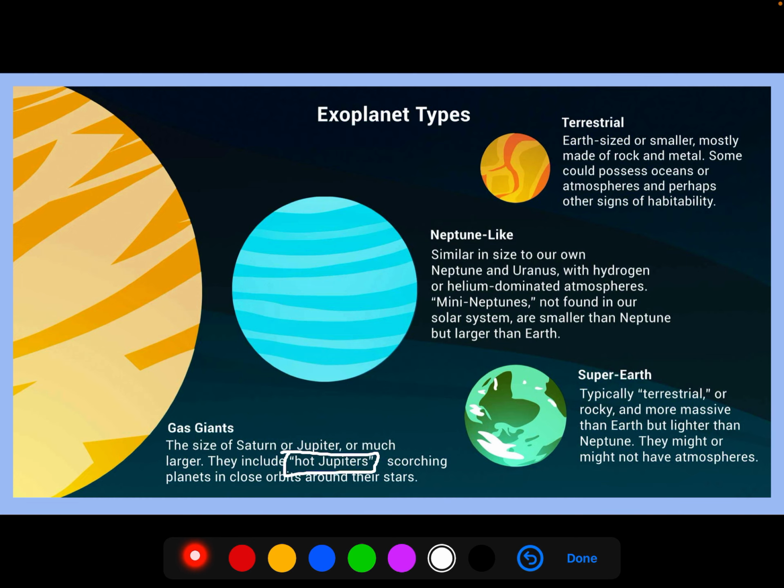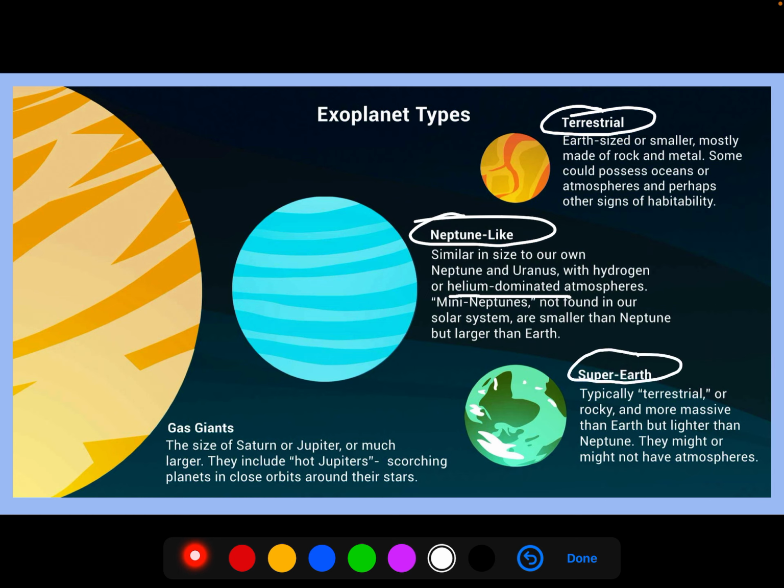But they do exist. So these hot Jupiters orbit very close to their star, but they're really, really big. And then you can see here we have the other ones. We have terrestrial size, so ones that look like Earth. We have ones that look like Neptune. And they have helium-dominated atmospheres. We have super Earths that are indeed rocky, but they're much bigger than Earth. But they're lighter than Neptune.